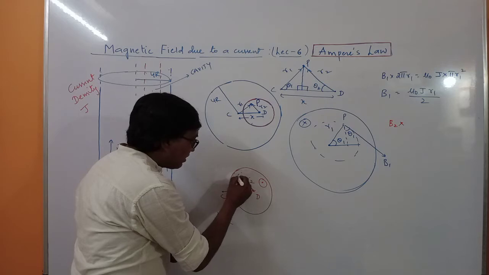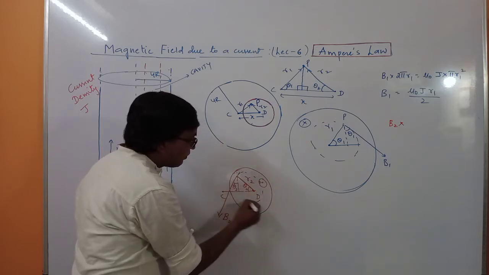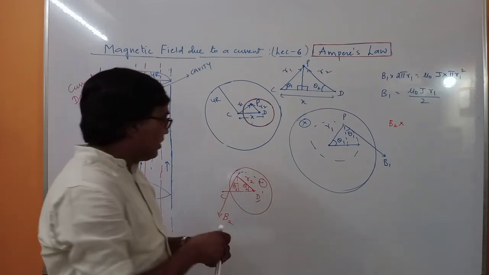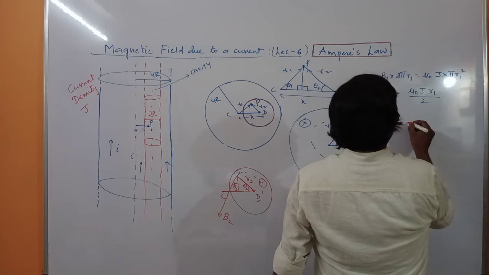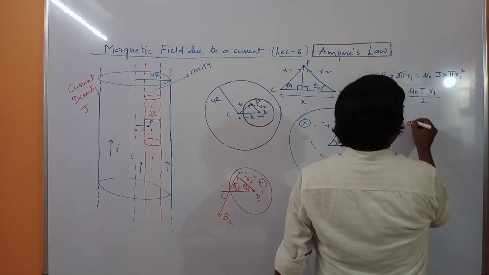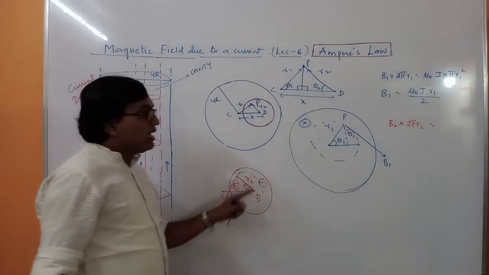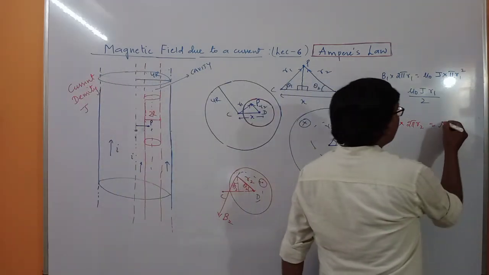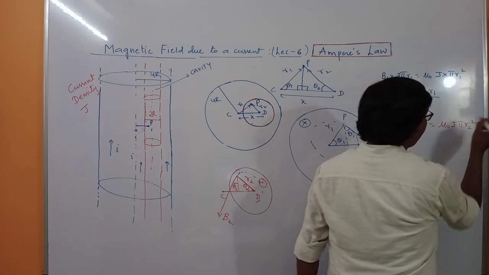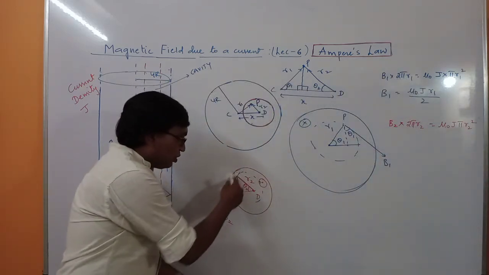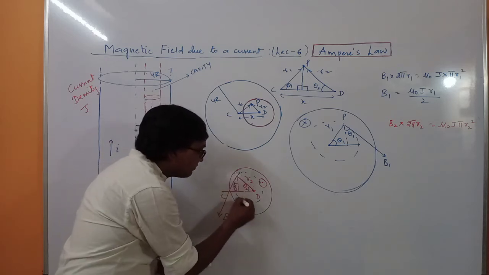So B2 into 2 pi R2 equals mu naught J pi R2 square, the current passing through this cross sectional area.